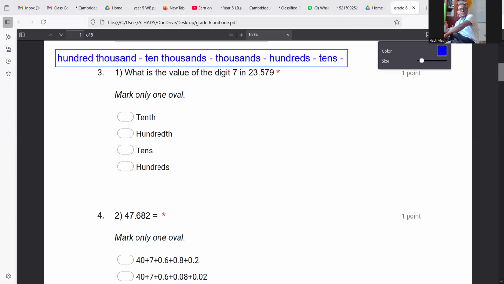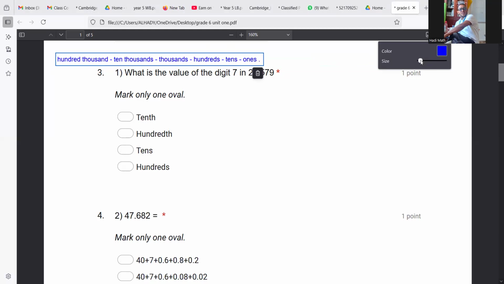Then we have ones. We have a decimal point. Then after the decimal point, we have tenths with a TH. You have tenths. Then you have hundredths. Then you have thousandths.